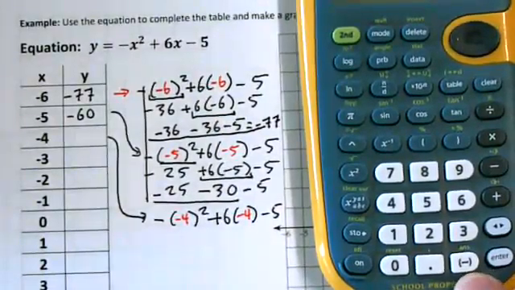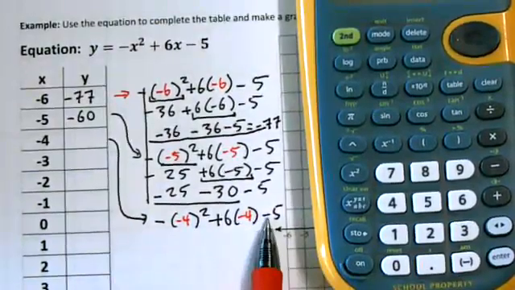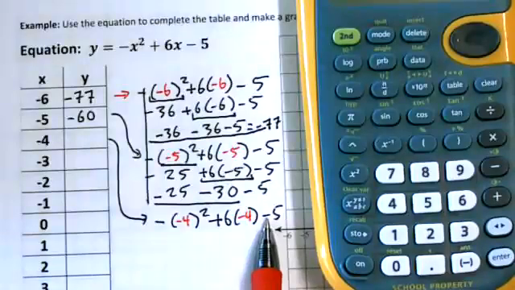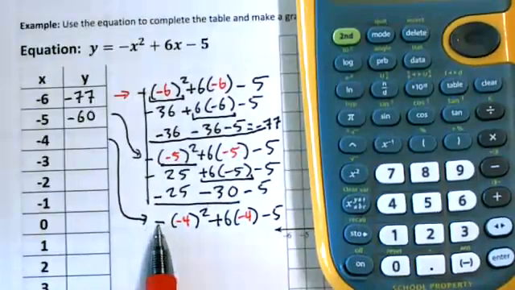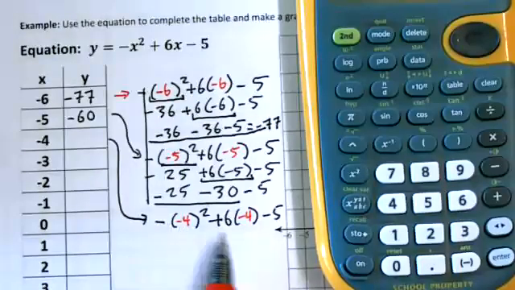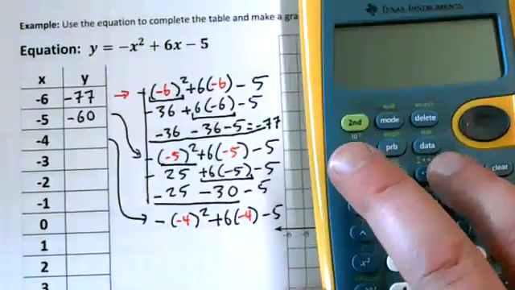Now, when I type this in, the only thing that's going to get a minus is this 5. You only use the minus key if you have that symbol with a number immediately after it. Okay. Here, this is going to be a negative, this is going to be a negative, and this is a negative. So what I need all of you to do right now is to type this in.